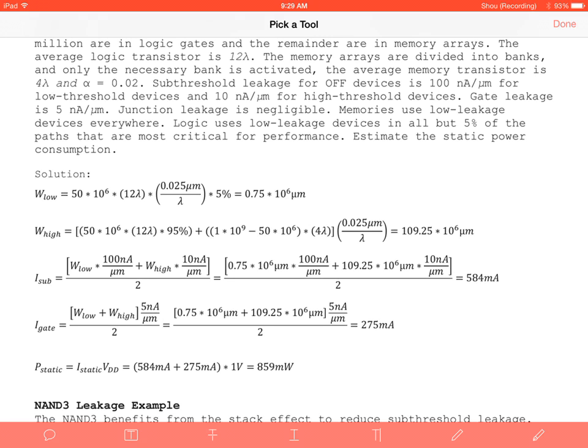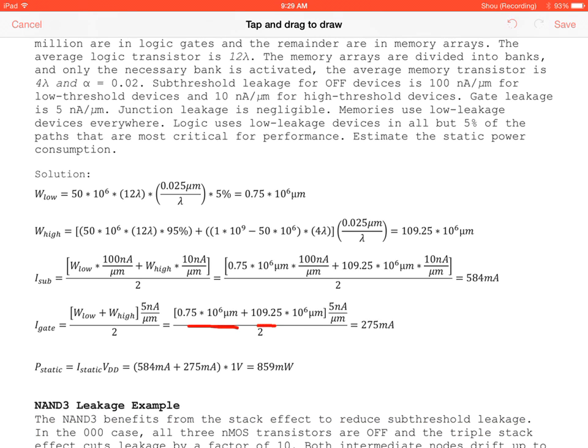And so from here, we're going to take our width low and our high width, which we've calculated before, and we'll multiply that by 5 nanoamperes, which is the gate leakage current. So here, since we're calculating gate leakage current for the entire chip, we're adding the width of the low and the width of the high.